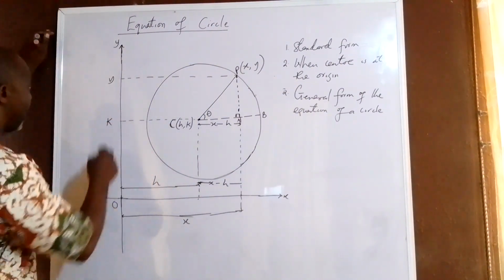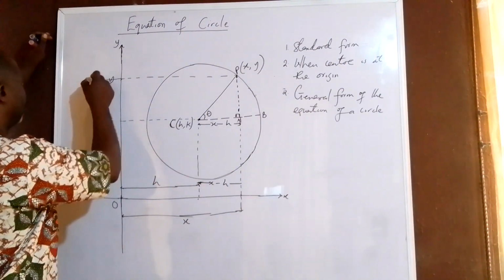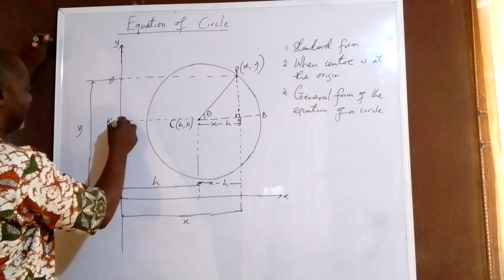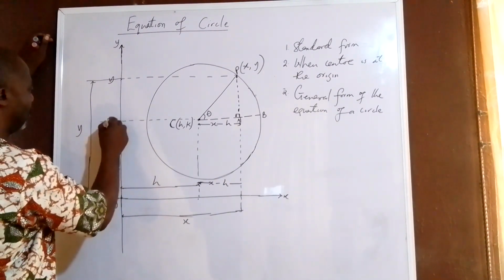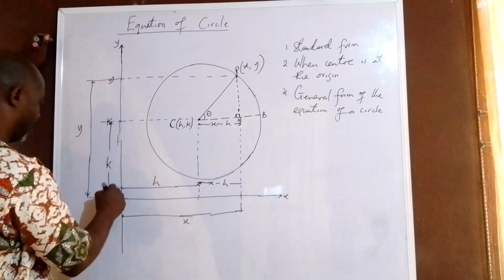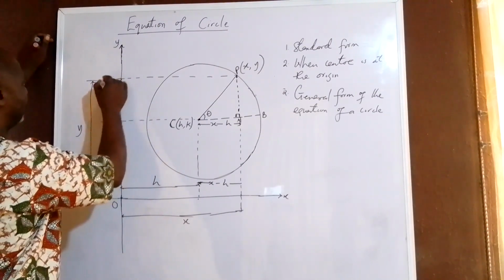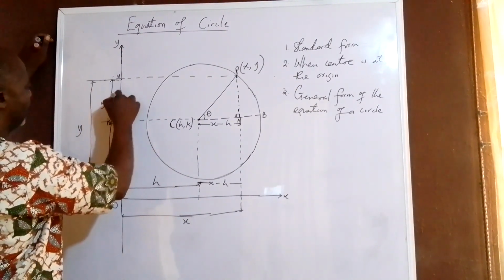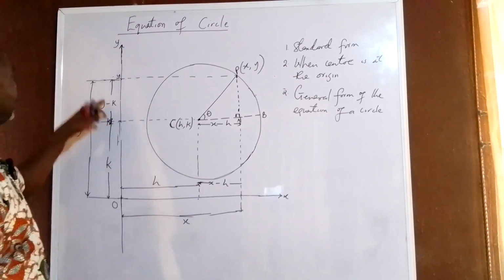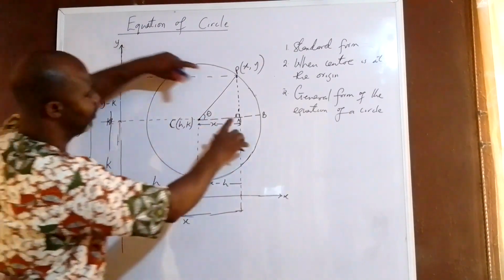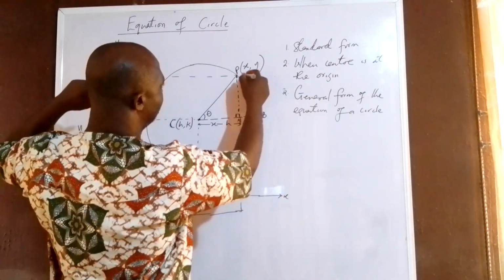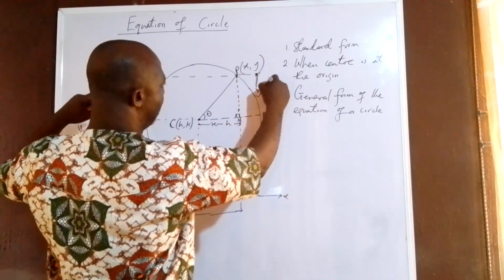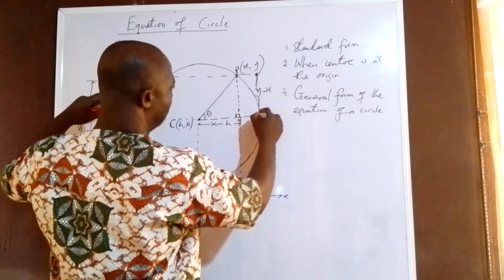So this distance here is Y, and this is K, so that this distance here will give us Y minus K. And this distance is also comparable to what we have here, so the distance here will be y minus k as well.